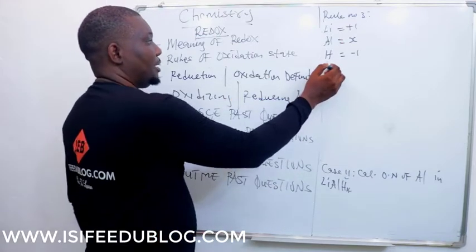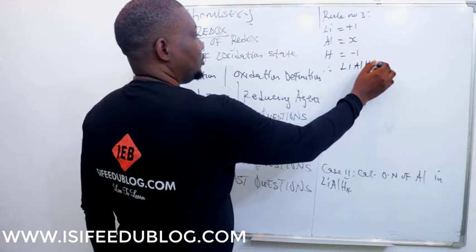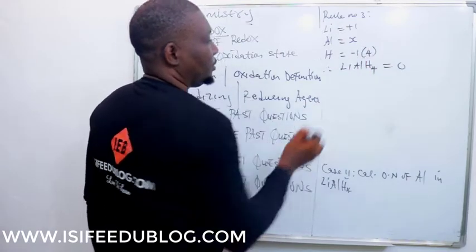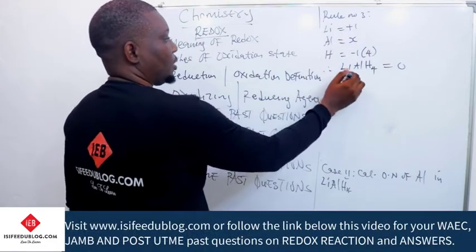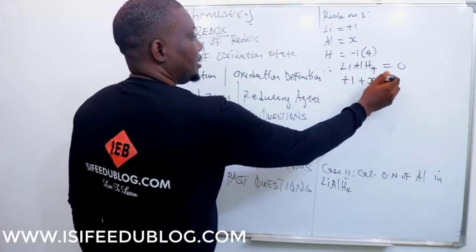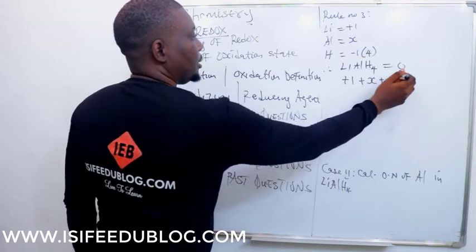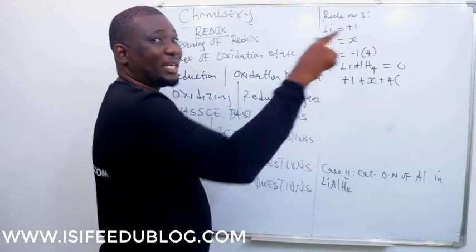So we now have lithium, aluminium, and 4 hydrogens, and everything here is equal to 0. If we substitute, lithium is plus 1, plus aluminium is going to be what? X, plus 4 H in this question, multiplied by its oxidation state, which is minus 1, not plus 1.